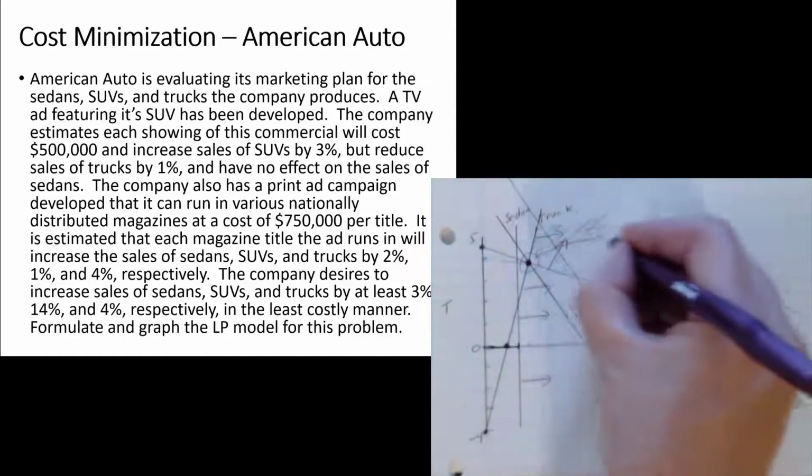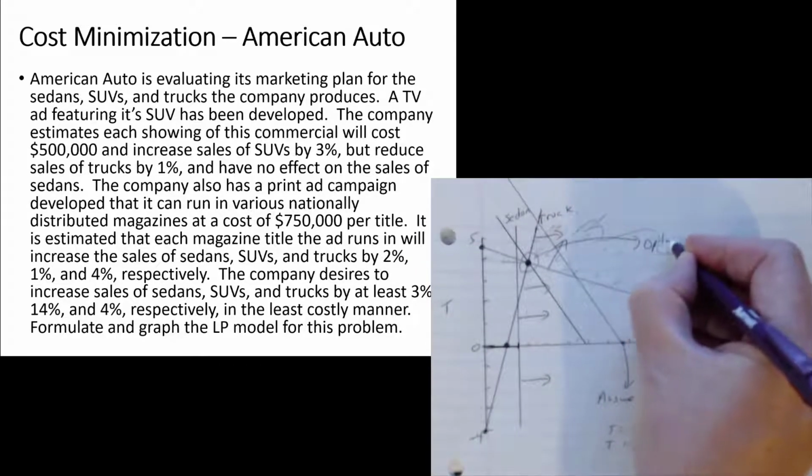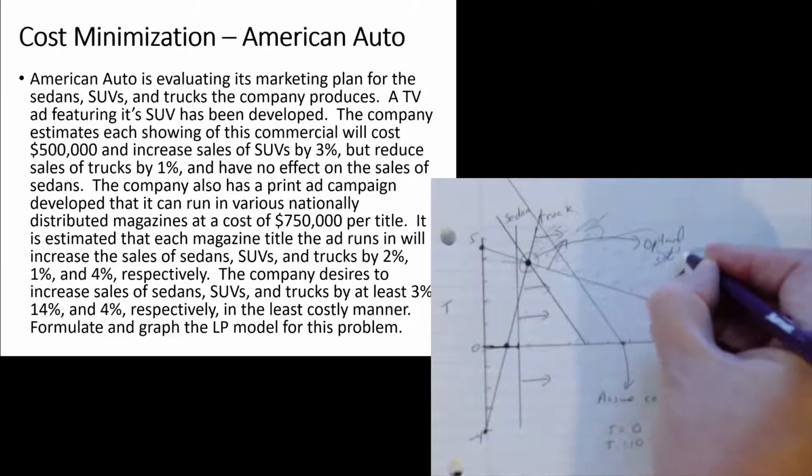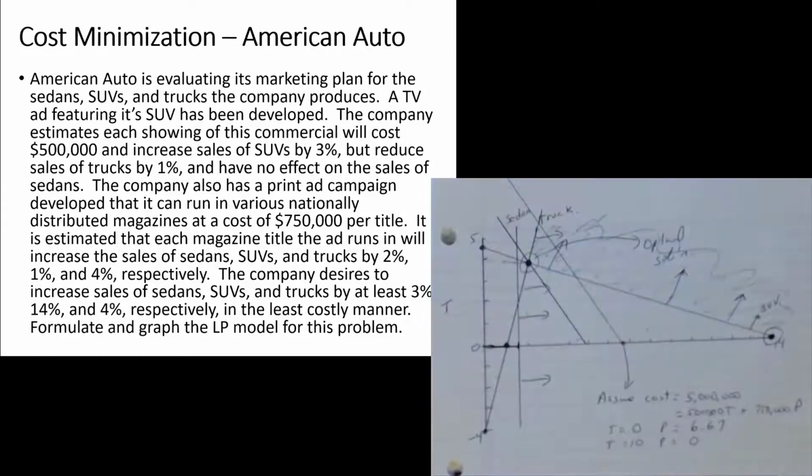Okay, this one is our optimal solution, right? Satisfies all the requirements, closest to the origin, cost minimization, pulling it down to as close to cost equal to 0 as we possibly can, while still meeting all the requirements.